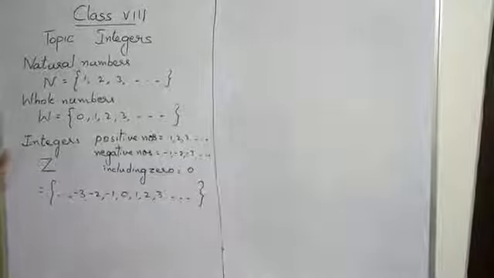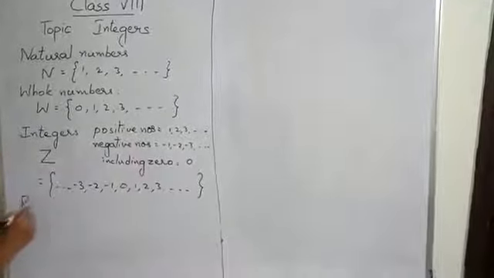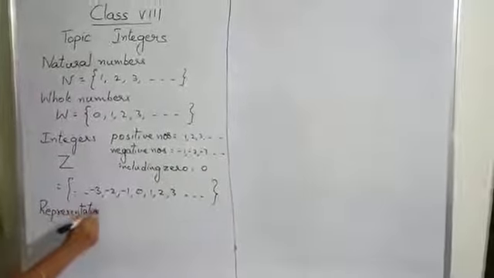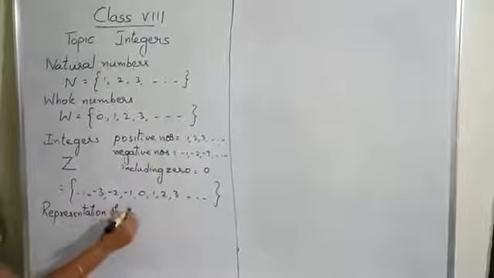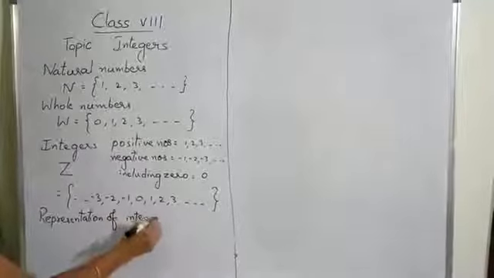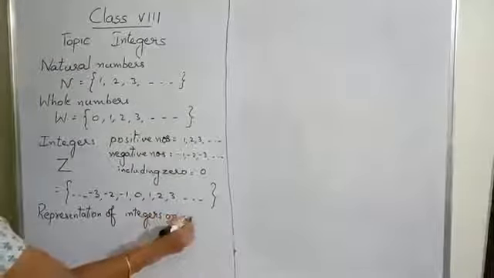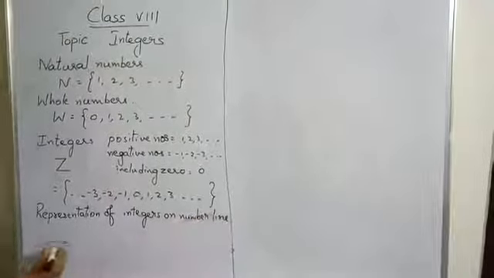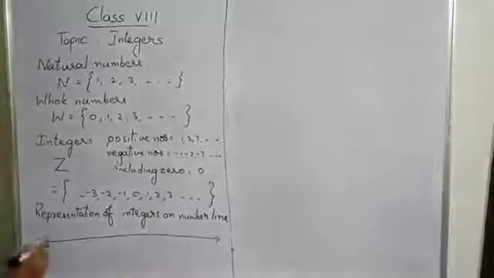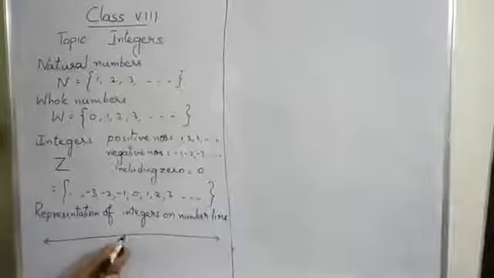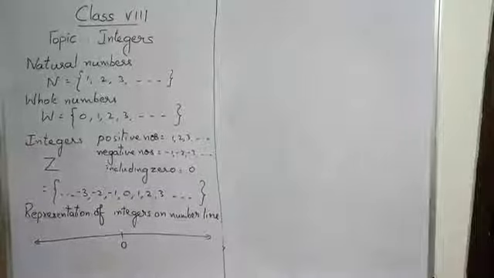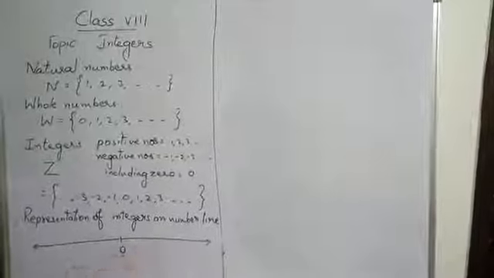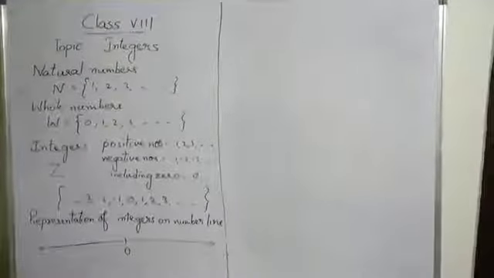How to represent these integers on the number line? Representation of integers on number line. When you are representing the integers on the number line, always remember, to the right side of 0 you have positive numbers, to the left side you have negative numbers.